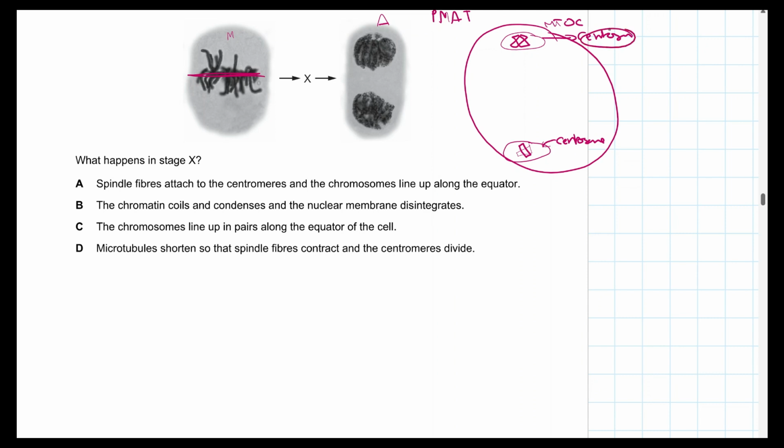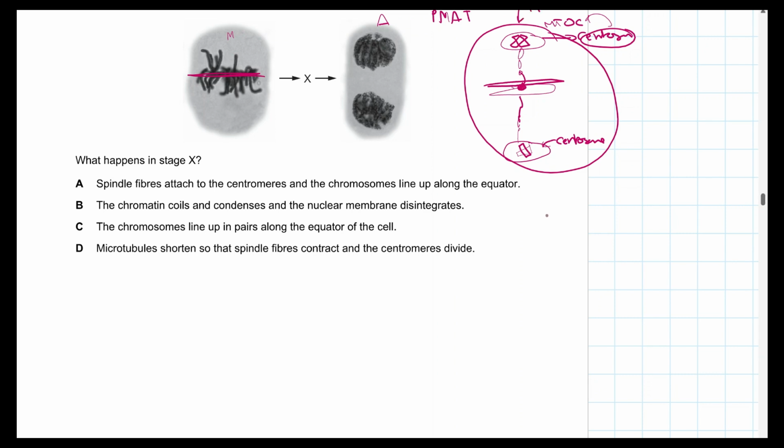So the centrosomes are the microtubule organizing centers, which form these spindles. Now these spindles attach to the chromosomes at something called the kinetochore or the centromere in the middle. Now, this occurs in the metaphase stage.